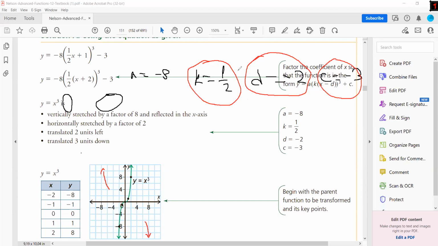So this graph would be translated 2 units left and 3 units down. So don't get confused when trying to understand what the d and c coefficients do, because if it's negative, follow the coordinate axis. For x, it's going to go to the left. If it's negative for c, follow the coordinate axis. For y, it's going down.